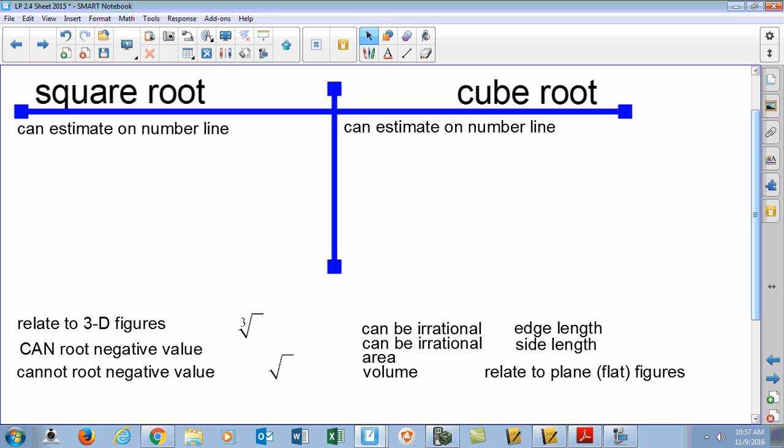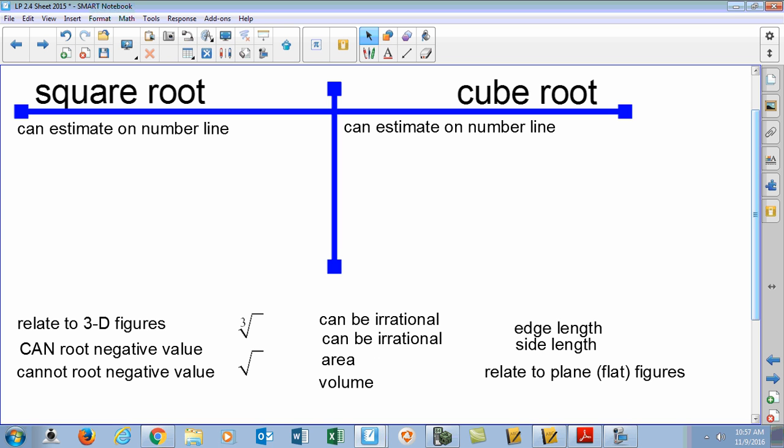Here's different signs. Can be irrational. Area, volume, edge length, side length, and relate to a plane, flat figures. All right, so I want you to put those in the right spots, see if you can write them in, and see how well you do when we come back and match them up together. So pause right now and we'll come right back.